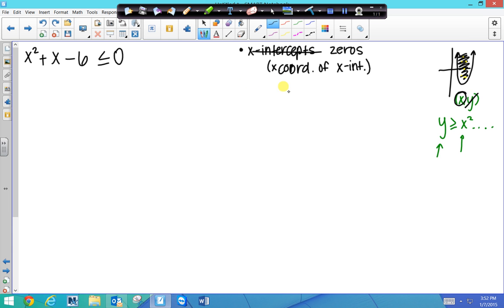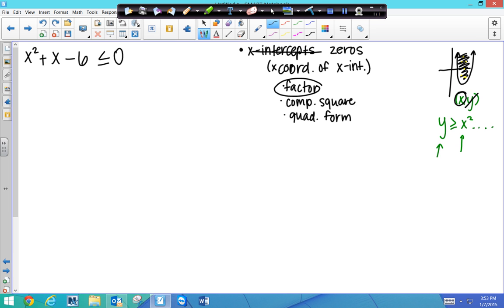So the way that we find those are by factoring or using complete the square or the quadratic formula. And the easiest one that we're going to have for that is factoring. So hopefully the ones that we're going to be doing right now are going to factor. If not, we'll move on to another method.